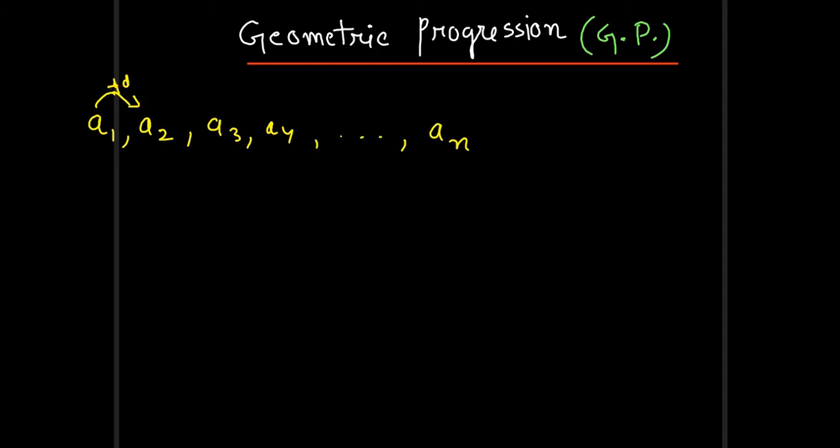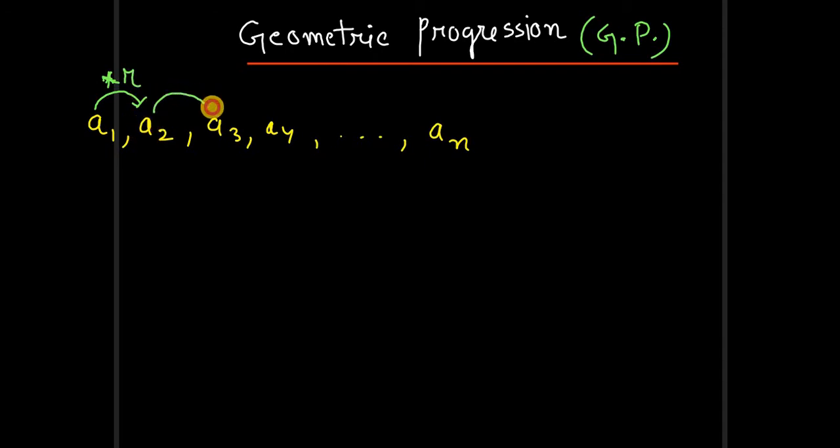But what's the difference in GP? In GP we need to multiply by the constant value. Let's say a1 is multiplied by a certain constant, let's say r, and we get a2.